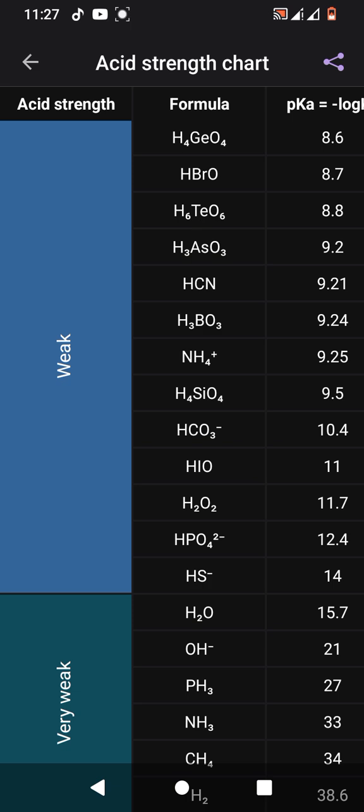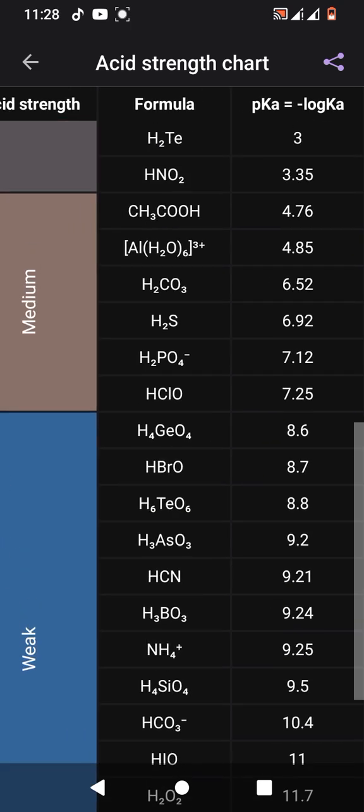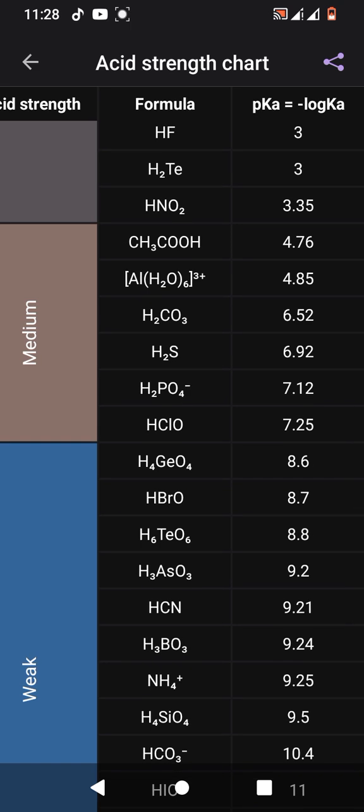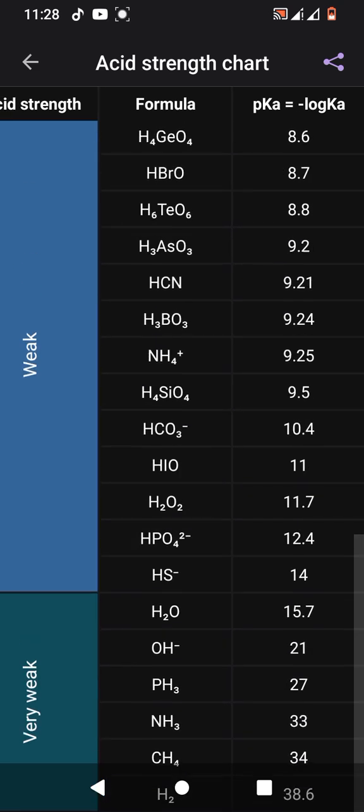Actually, we have some bases right at the bottom because the pH is now greater than 7. As you can see, between 6.92 and 7.92, that's the difference between our acid and a base. So from pH 7.12 we have bases all the way to the last one.